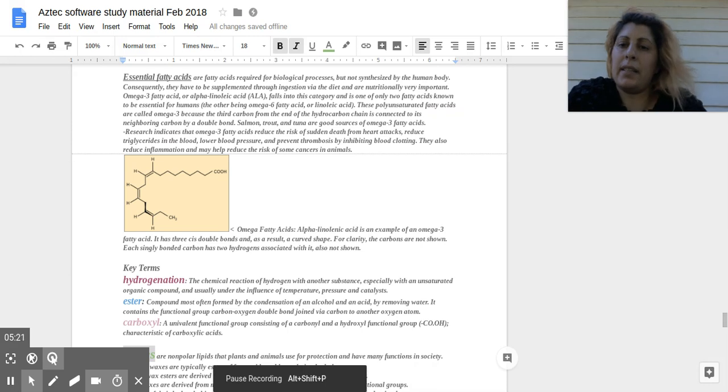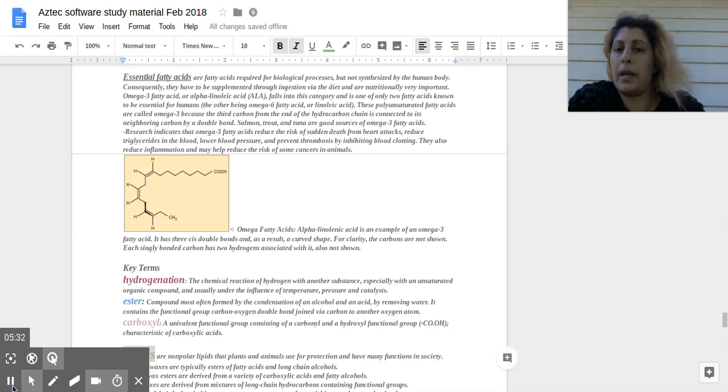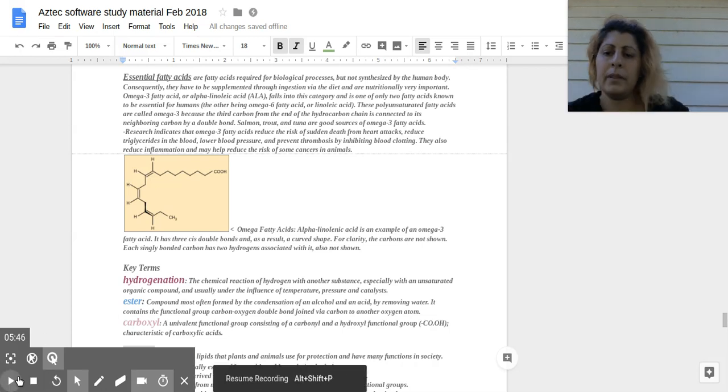Polyunsaturated fatty acids are essential fatty acids, which are good because they have multiple double bonds, are more fluid, and reduce blood clotting, heart attacks, etc. So they're beneficial.